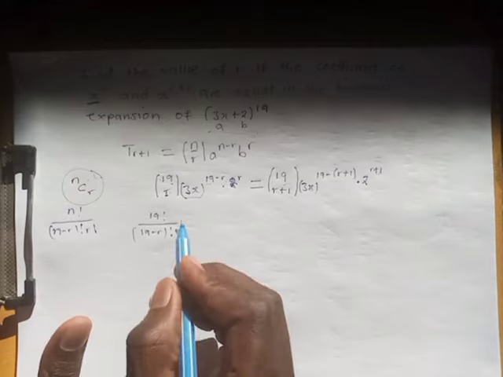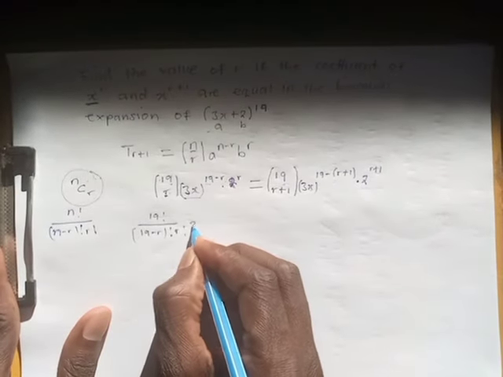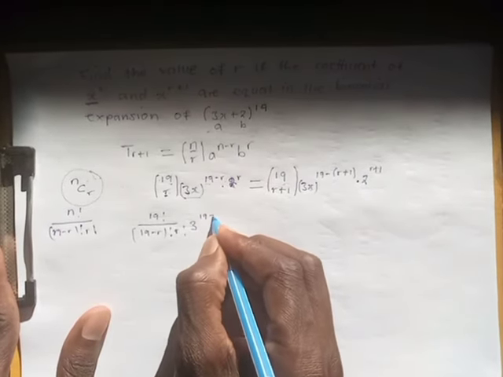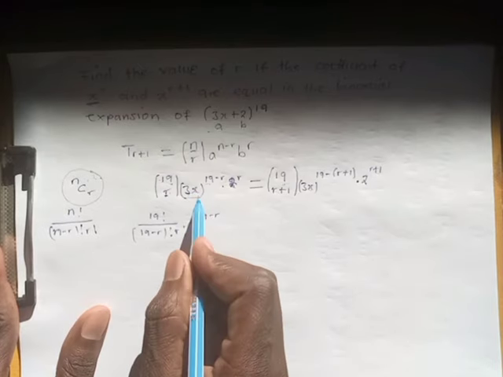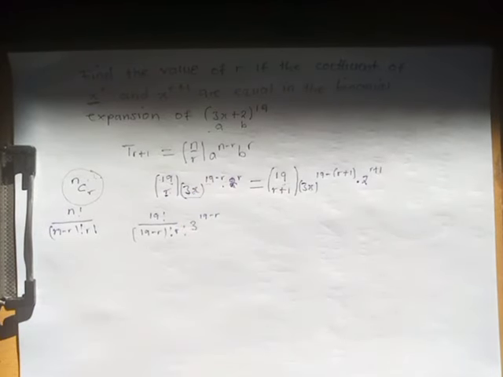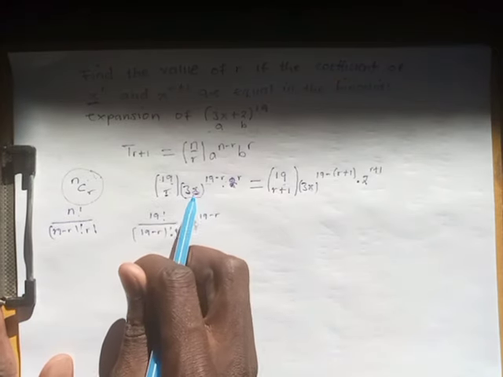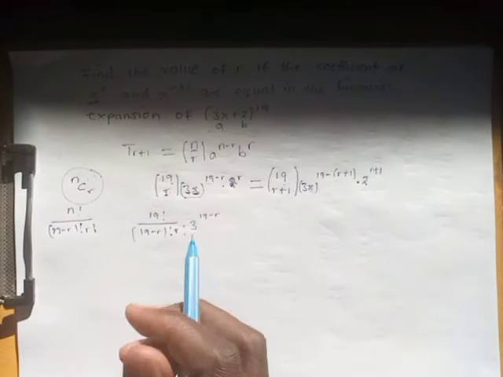I hope you understand that. Our main focus here is going to be on 3 to the power of 19 minus r. Don't concentrate on this one because they're telling you already that we are looking for the coefficient of x to the power of r. So don't indicate what you're going to expand on this part. Even here, just ignore it.